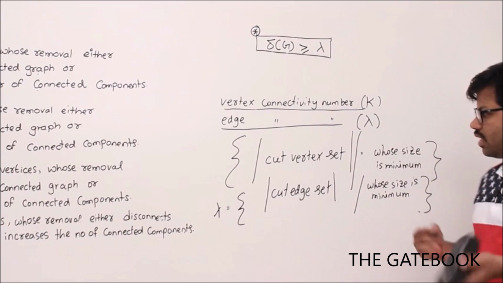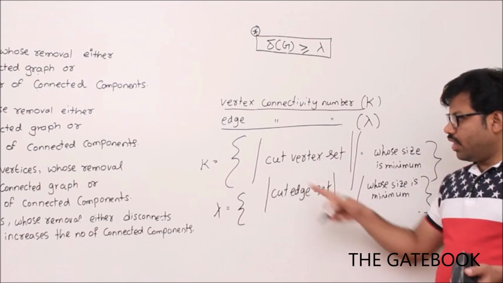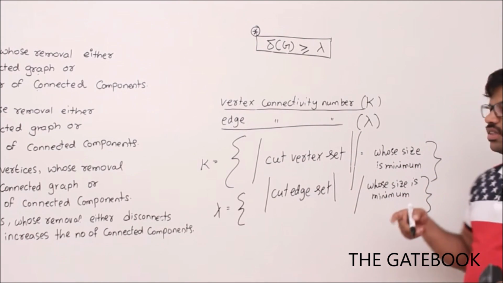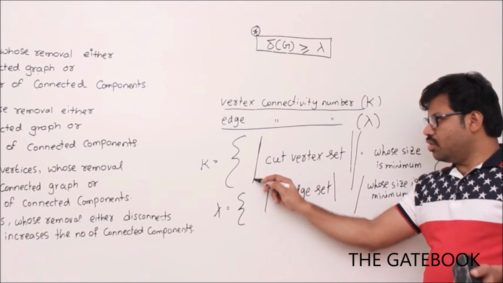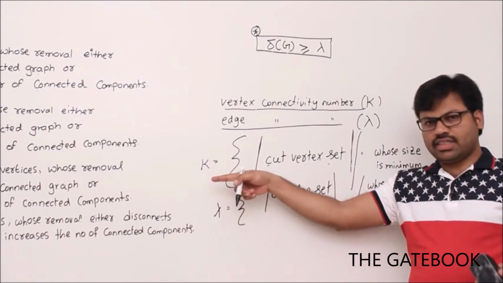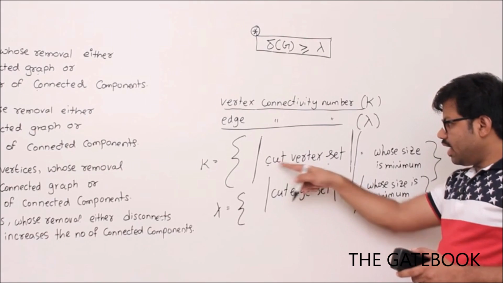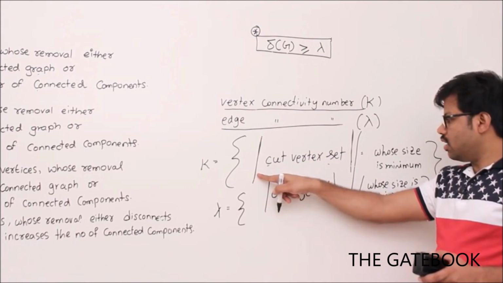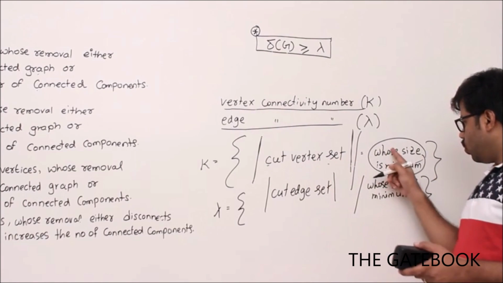Let's recall these two things again. This is K. In set theory we write these kinds of definitions. K is a number. What is that number? Mod of the cut vertex set. What is a cut vertex set? Whose removal disconnects the connected graph. But not any cut vertex set size, no. We have to pick a cut vertex set whose size is minimum.